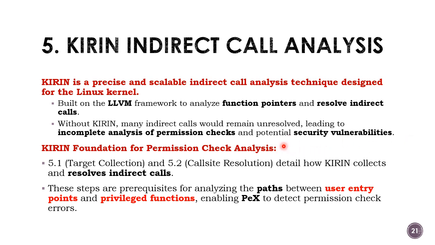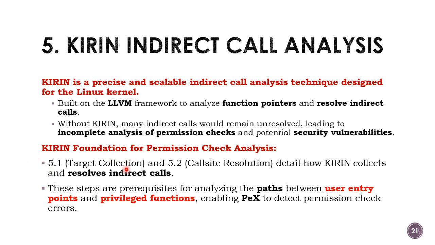Several wrappers could use the same low-level function, but we need to insert permission checks for all the wrappers and the low-level functions. If we don't separate the indirect calls from the actual calls themselves, it will sometimes cause unauthorized access, and that will become a huge security vulnerability in the Linux kernel. So that's a problem. And for Kirin, the workflow of Kirin has some foundation.